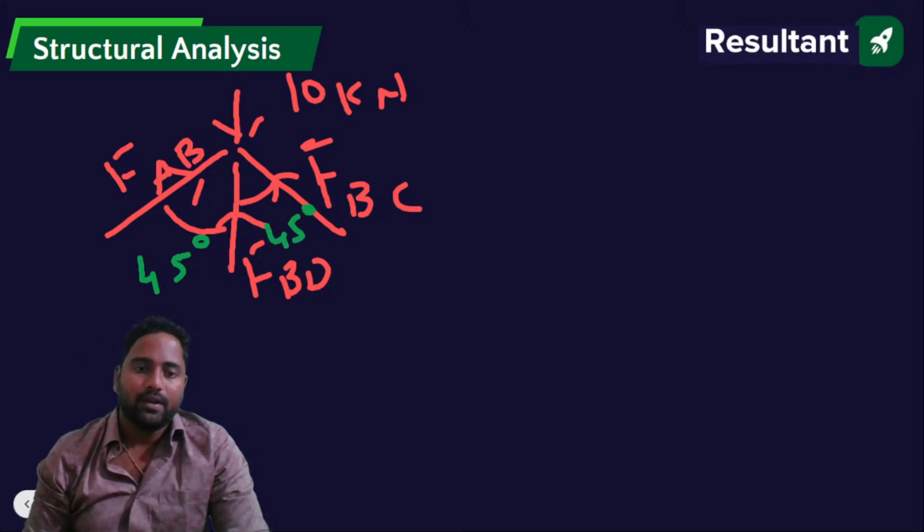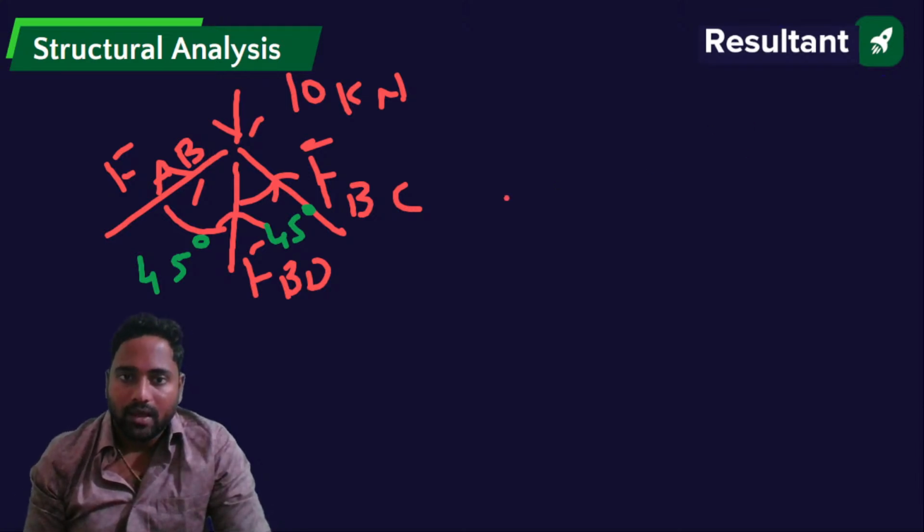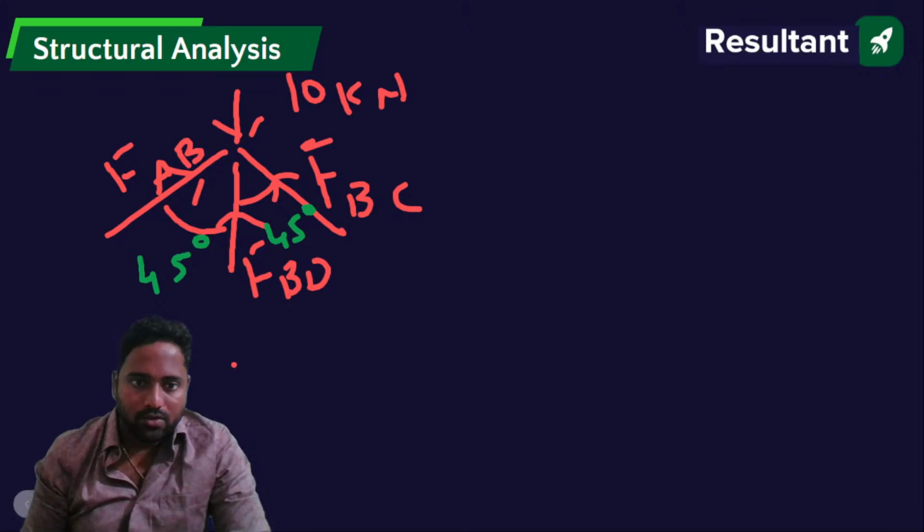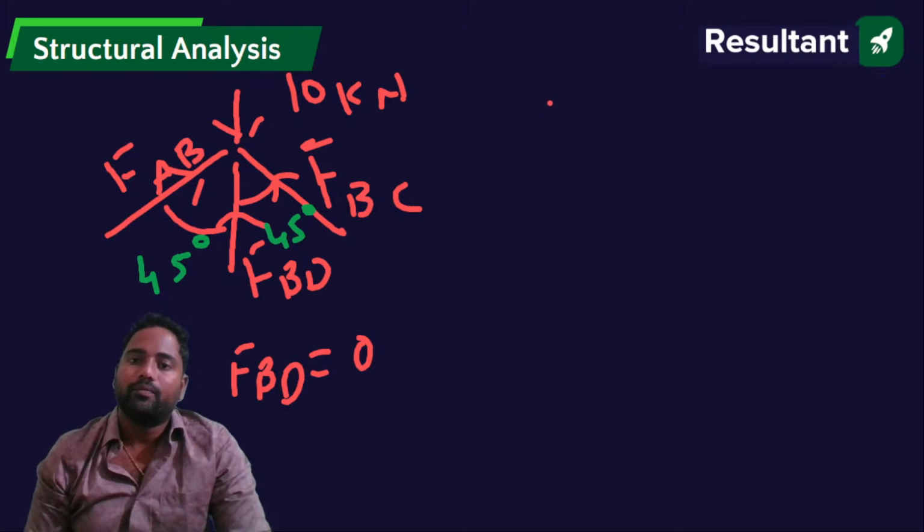Fine. So now what we have learned is that FBD equals 0. Just in the previous case I have shown you FBD equals 0. Now if FBD equals 0, then what can you write?